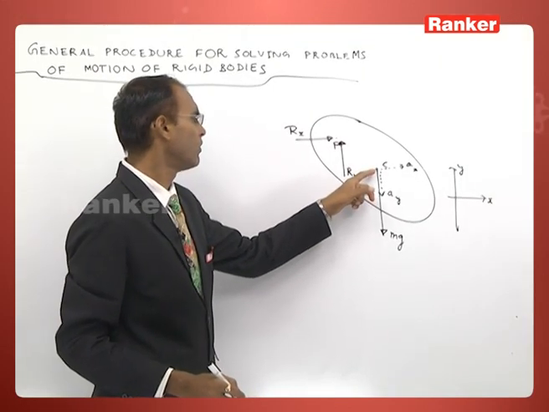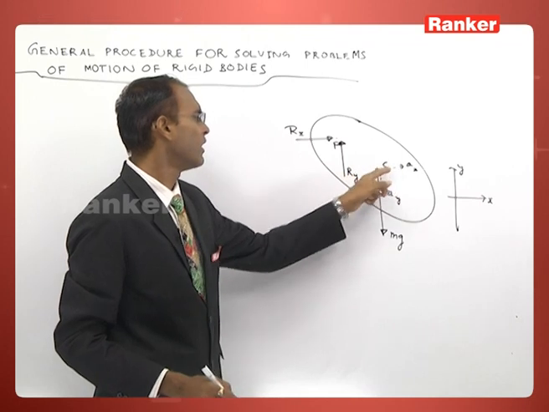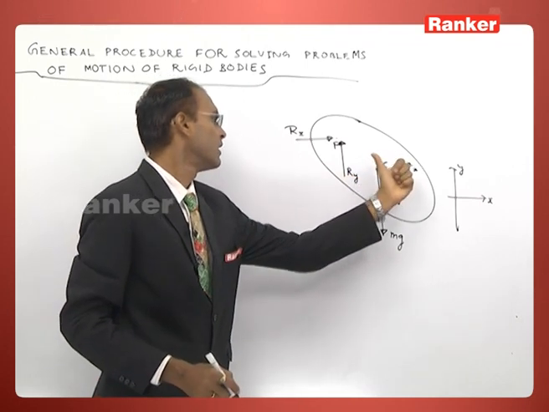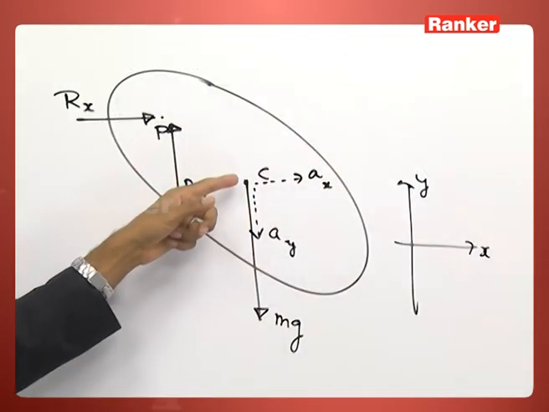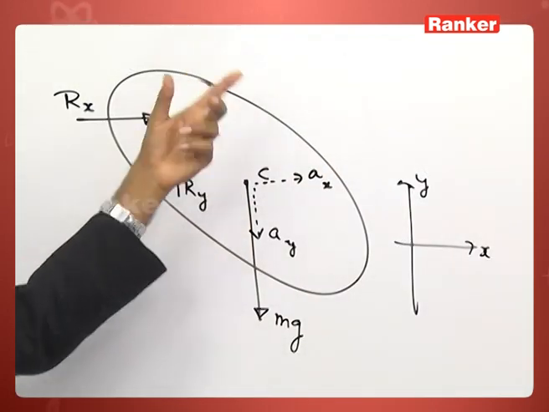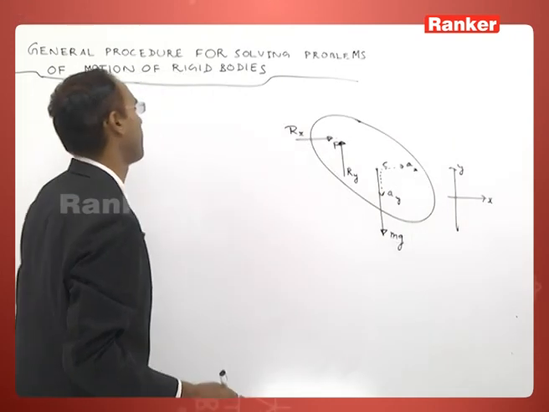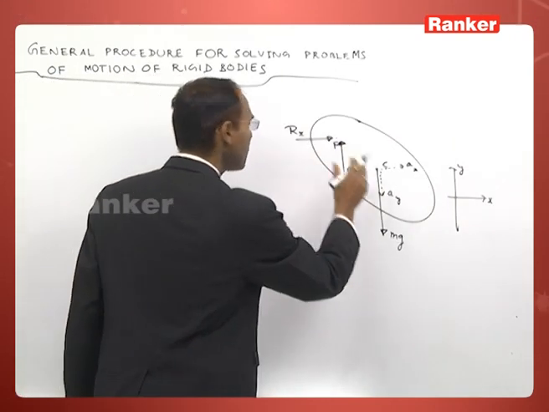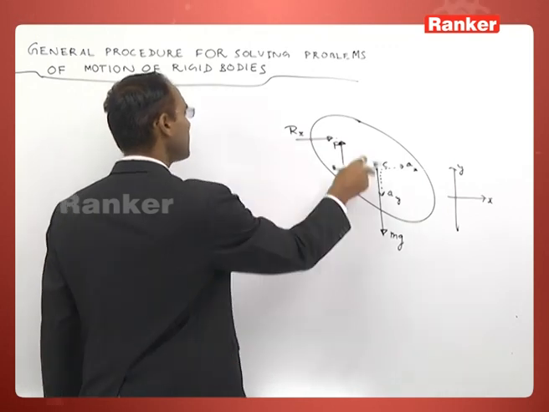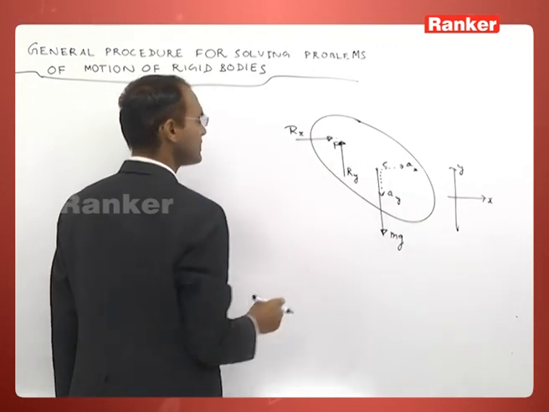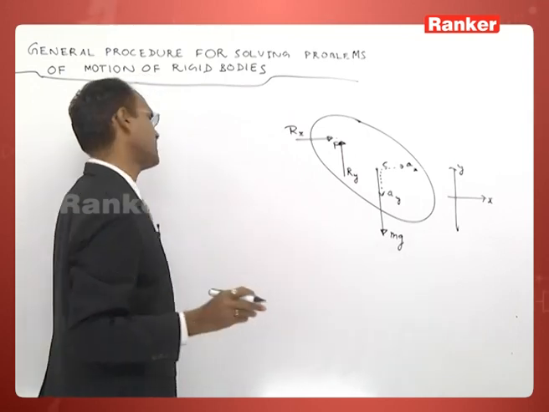If you wish, you can take the x in the leftward direction, and I have taken ay down; you can take ay up, that is your choice. According to this assumption of the directions of these vectors, the forces and accelerations, I need to build the equations.